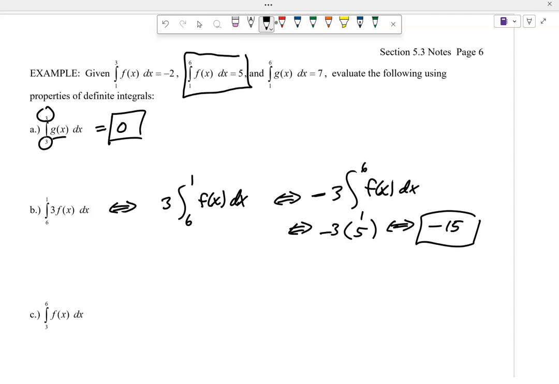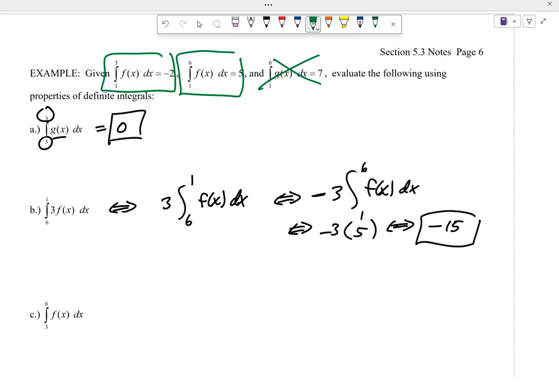The next one is 3 to 6. Now the problem is up top of f of x, this one's not useful because that's g of x, right? That's not useful. But we have 1 to 3, and then we got the entire 1 to 6.